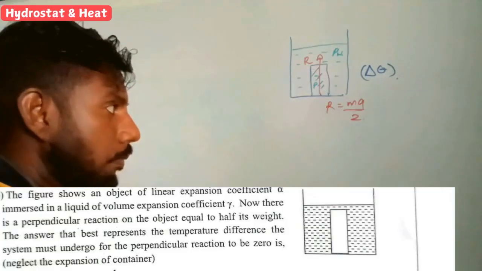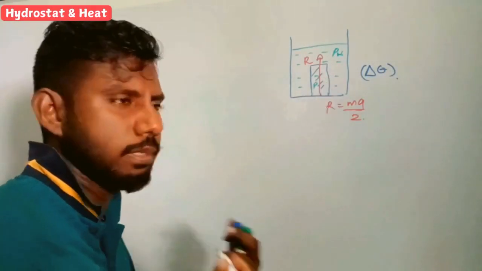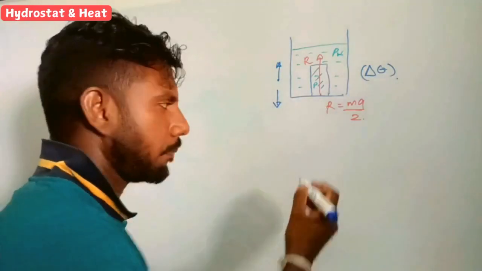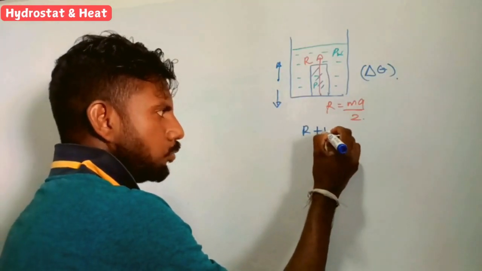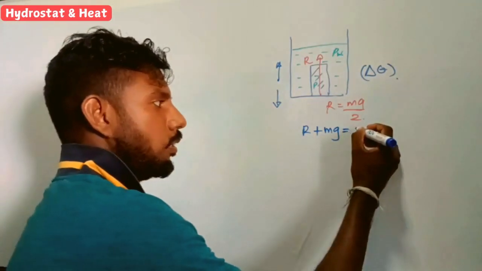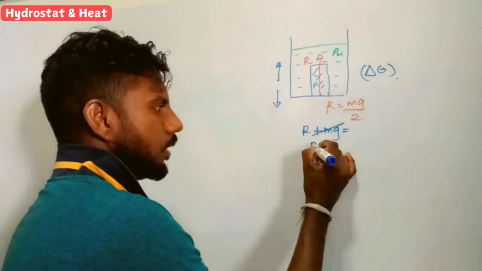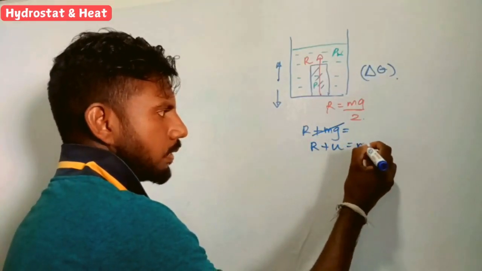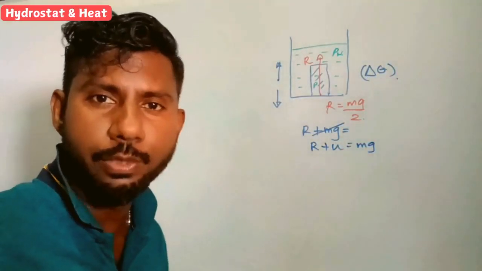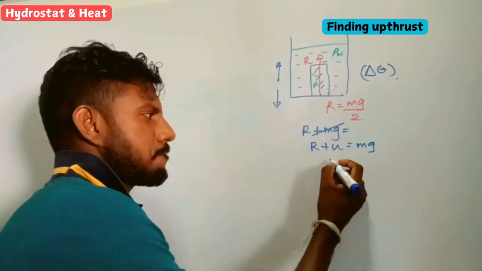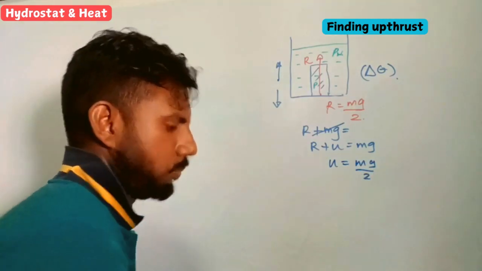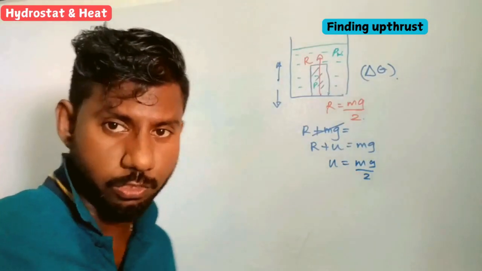So if you consider the upward forces and downward forces, R plus upthrust is equal to mg. They are telling our reaction force is mg by 2. That means the upthrust is equal to mg by 2.